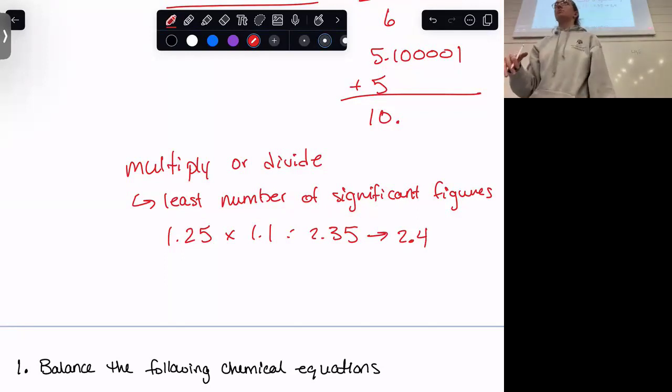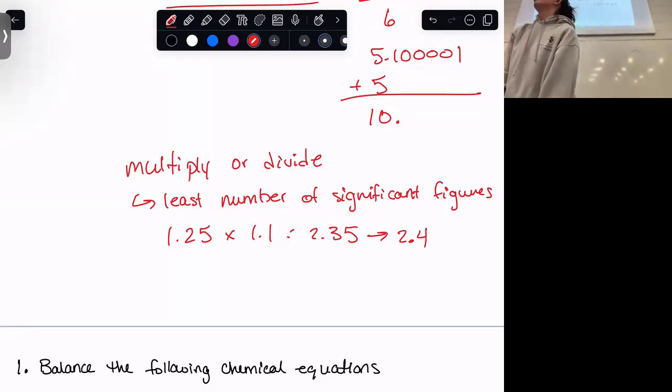And then the same thing for division. Yep, so then you're just going to follow your PEMDAS rules.